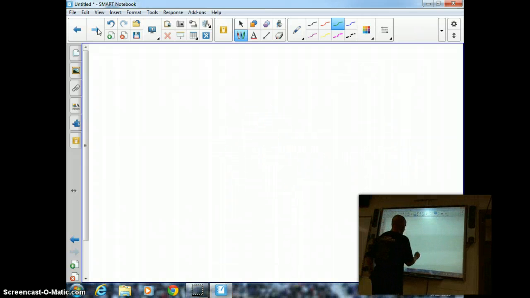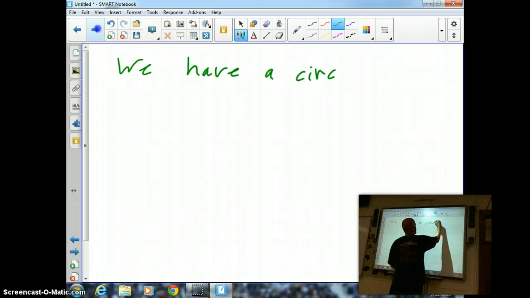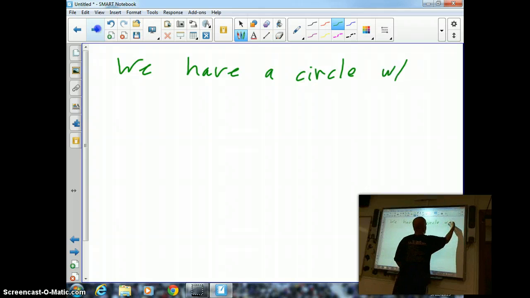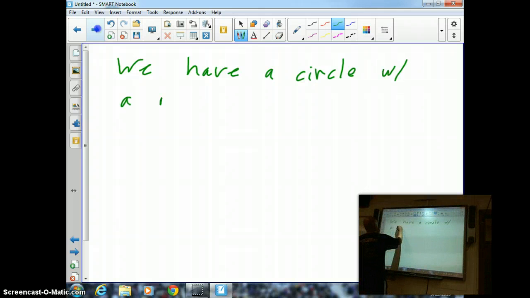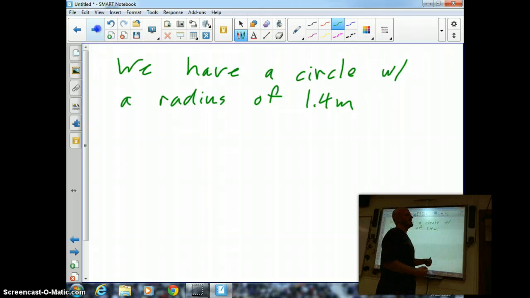So looking at a circle, we have a circle with a radius of 1.4 meters. Is that a big circle? Not in the grand scheme of things.